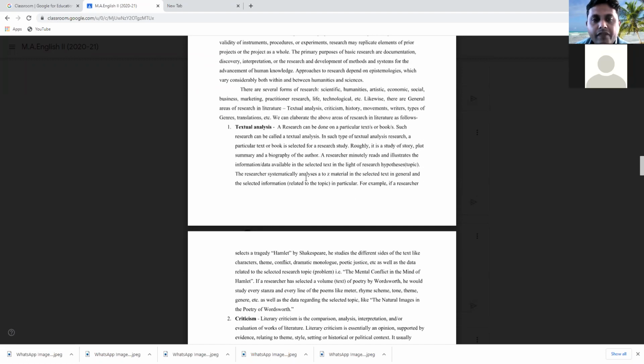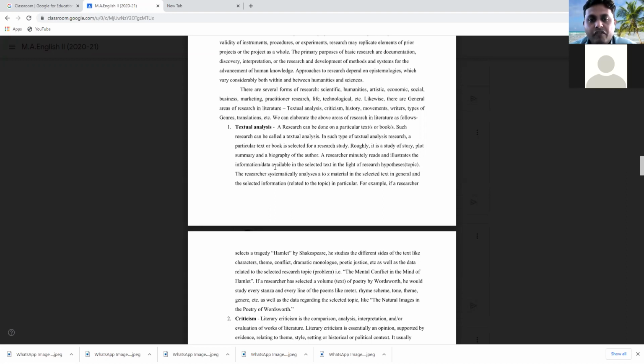If I select Hamlet, the drama by Shakespeare, it comes under the category of textual analysis. And if I am studying Hamlet, then I have to study the story, the plot summary, and the biography of the author, and every detail regarding Hamlet drama.